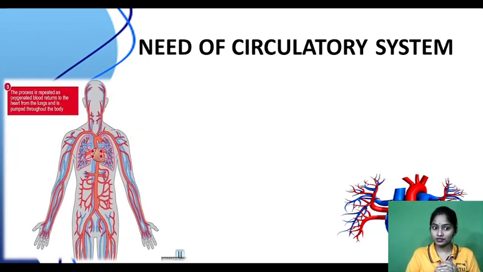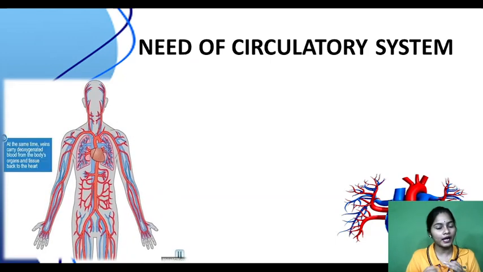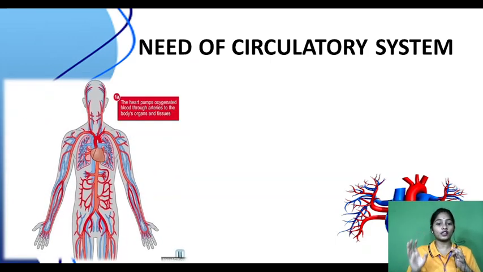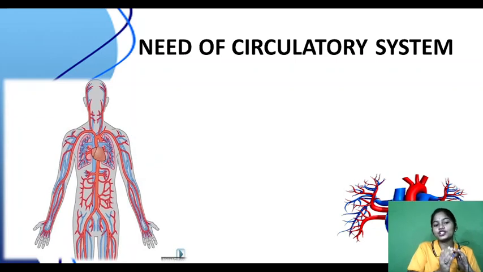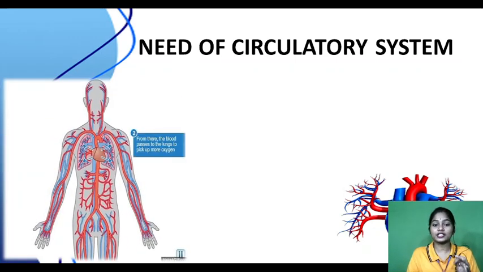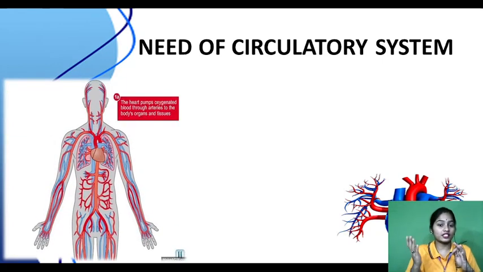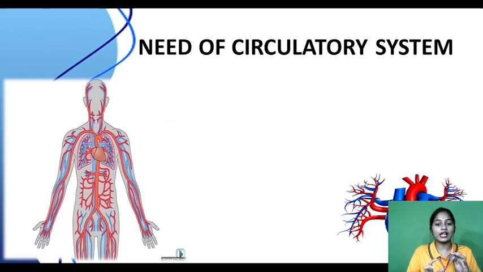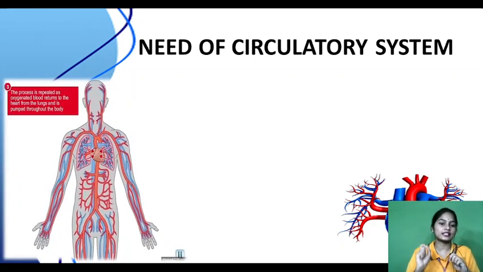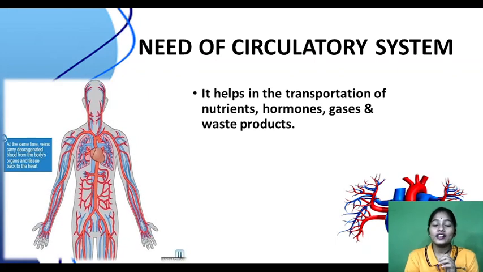By which organ? By which fluid? By blood only. So there are certain organs which will help the blood to reach each and every part of the body. So today we will be discussing those organs, or that system, which is called the circulatory system, which helps the blood to reach every single part or every single cell of the body, right?